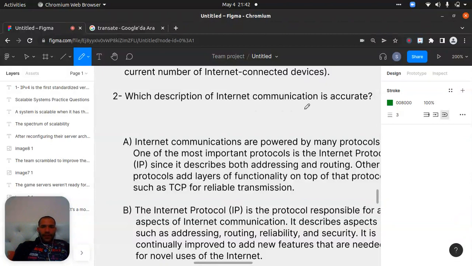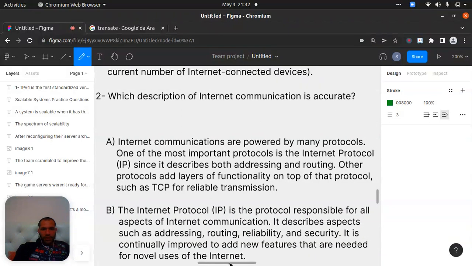Which description of internet communication is accurate? Yeah, it's a cool question. Internet communications are powered by many protocols. One of the most important protocols is the Internet Protocol, IP, since it describes both addressing and routing.